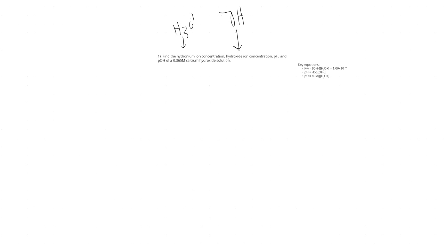First of all, this is a base. Calcium hydroxide is a strong base. Specifically, it's Ca(OH)2, right? So let's draw exactly the equation that we have here. It dissociates into calcium ion and hydroxide ion: Ca2 plus and OH minus, but don't forget we have two OHs, so we have to balance the equation. This is important because we have to set up a molar equation.